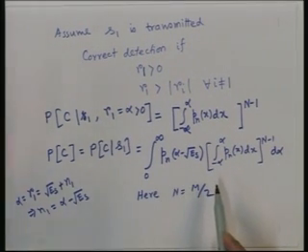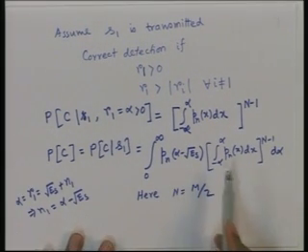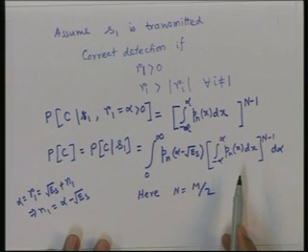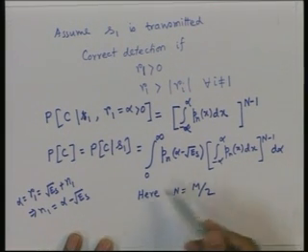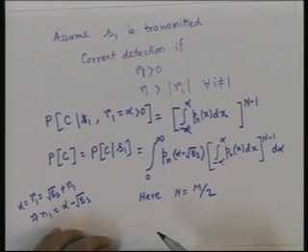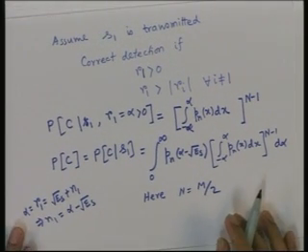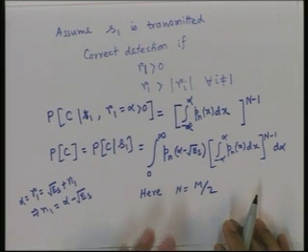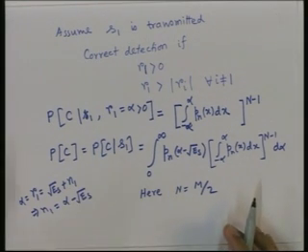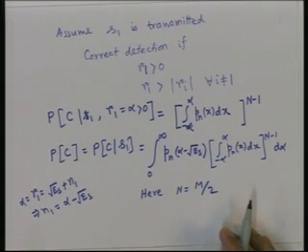But this can be computed numerically, and there is no other simple way of computing this. So, both for orthogonal and biorthogonal signal set, the form of the expression, the probability of error that we have computed is similar, and they can be computed numerically.